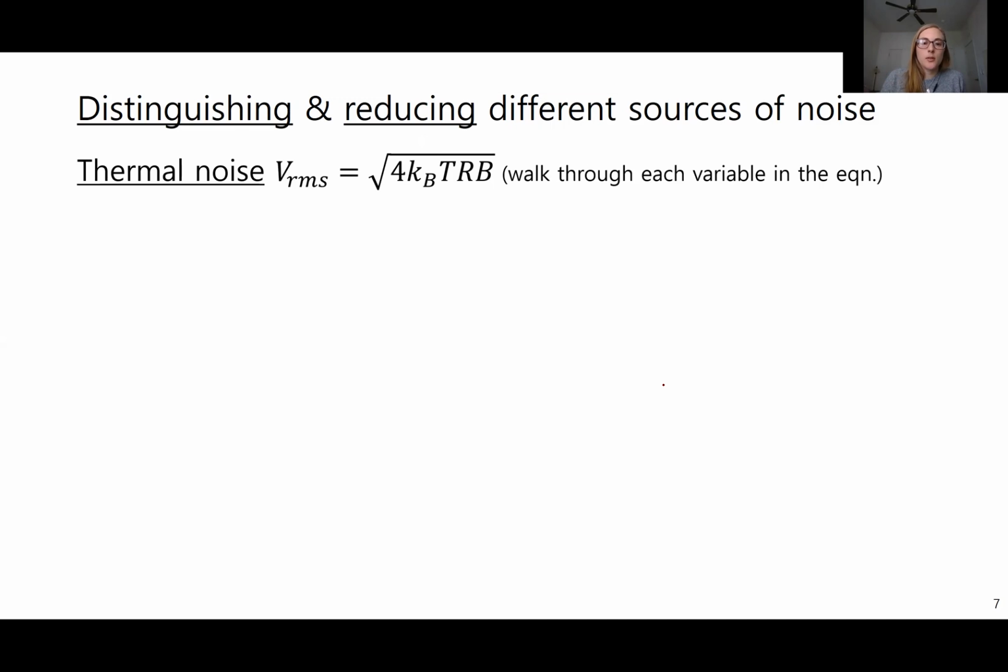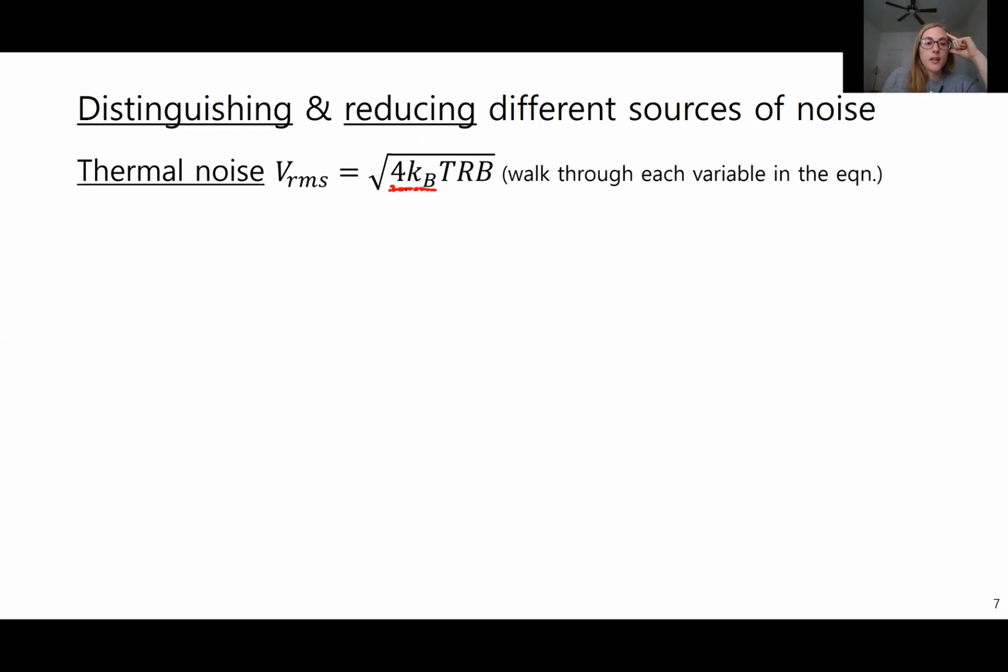If we start with thermal noise, let's walk through each of these variables. Something we can't change is the 4 or the Boltzmann constant. Any constants in your equations for noise, you can't really isolate. Those are going to be the same no matter what. But we can walk through each of these variables.